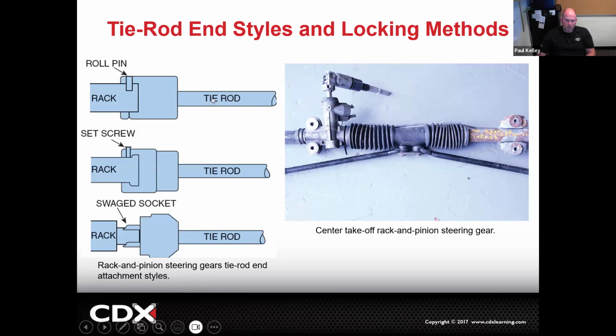So this is a style where the tie rod end comes in, and we actually pound a roll pin in. This is another one where the tie rod comes in, and we actually use a set screw. Or they have swage sockets, where swaging is where you use a tool and clamp it and it deforms the metal, and now it's in there. So it could be quite a few different types.